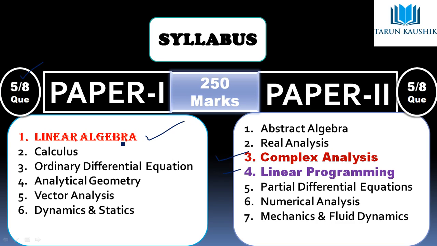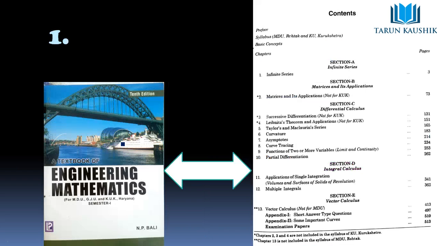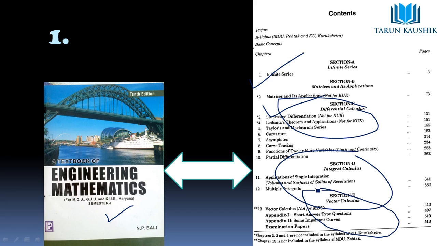You already know that these two papers are of 250 marks. I am getting many mails and messages asking which book we can refer to, or any material for mathematics as an optional. So you can follow these books of engineering mathematics. This is the semester 1 book, and its content is infinite series, matrices, differential calculus, integral calculus, vector calculus.